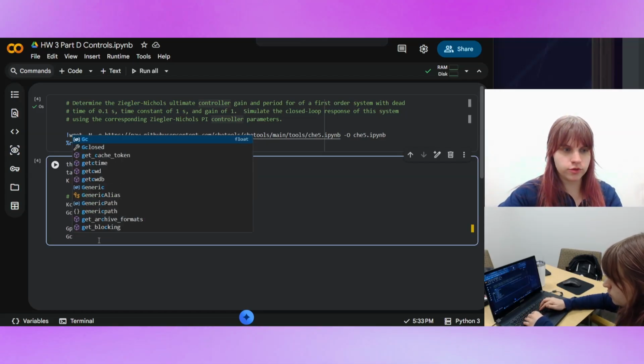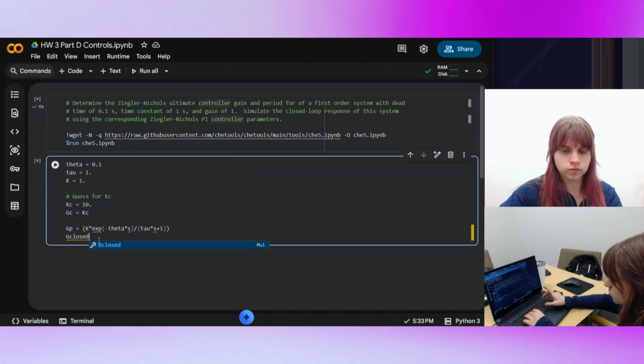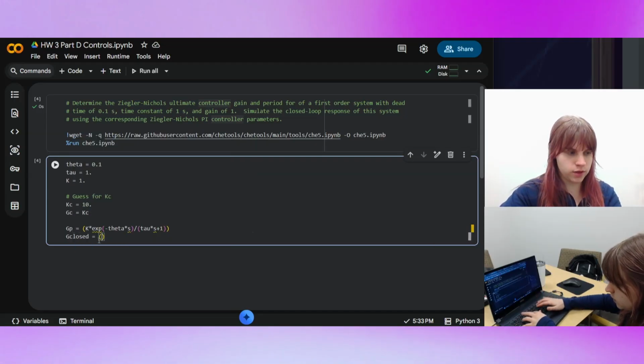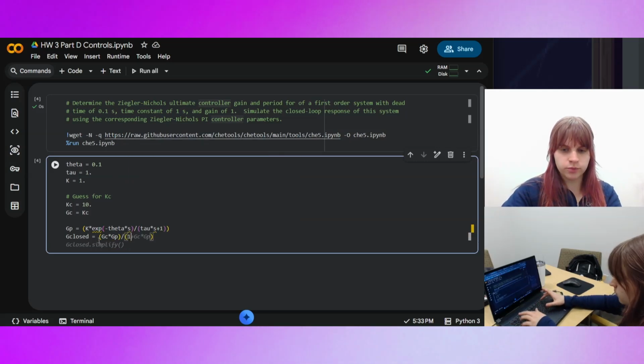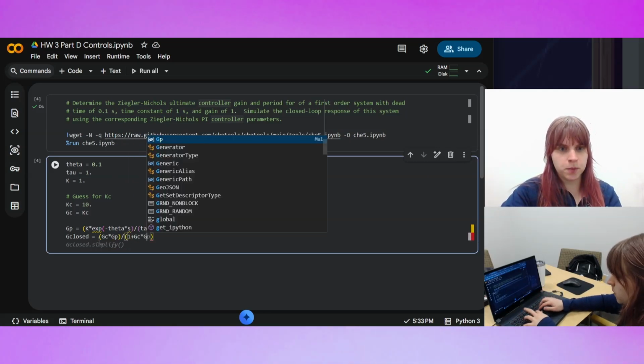And our closed loop is going to be GC times GP divided by 1 plus GC GP.